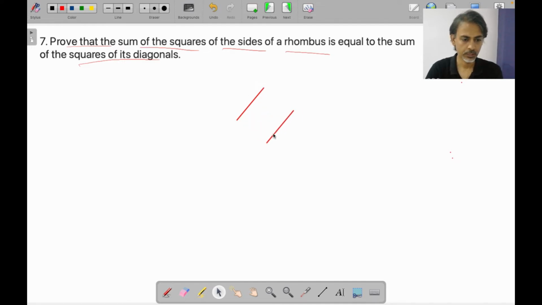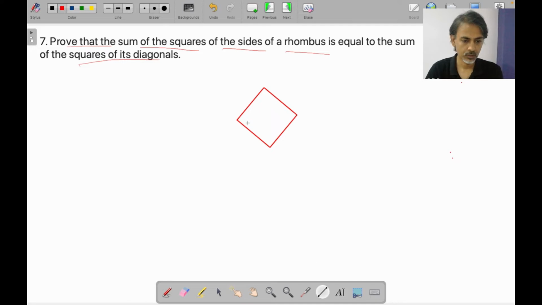Then let's rotate it by say 90 degrees. Now I have got another side of the rhombus. Now let's take another copy of it and move this side over here. Let's take another copy of it and move this side over here.